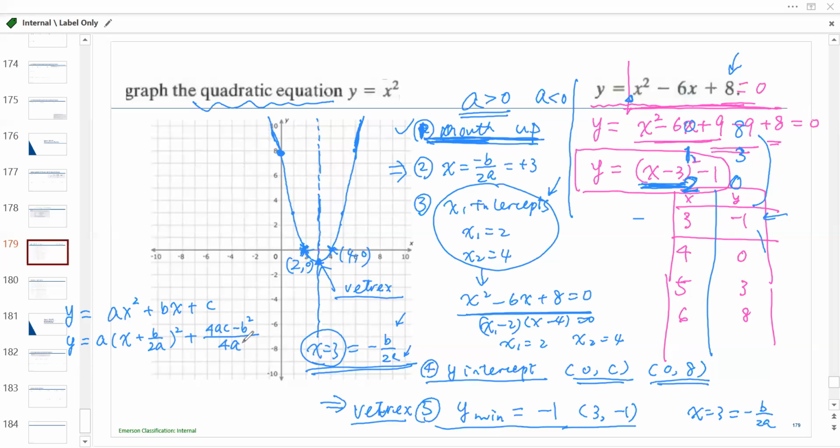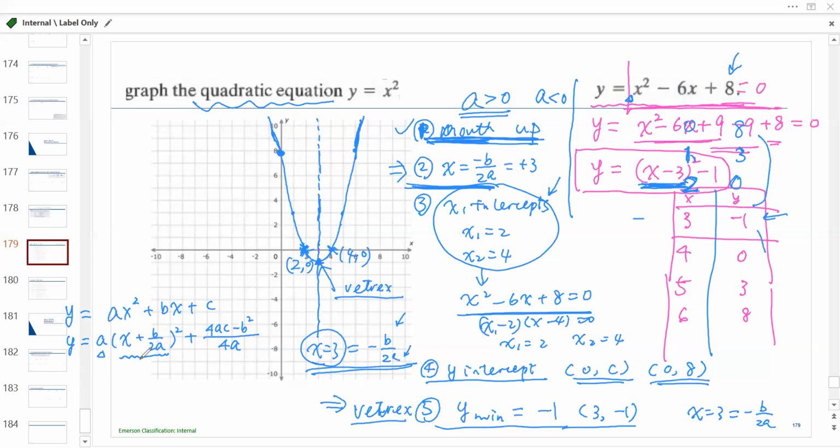Right? Is it correct? So you can see this. First, we need a, to find whether the mouth is open up or down. Right? Second, we can find the axis of symmetry: x is based on negative b over 2a. Actually, it's making this part become 0. So you can go to here.